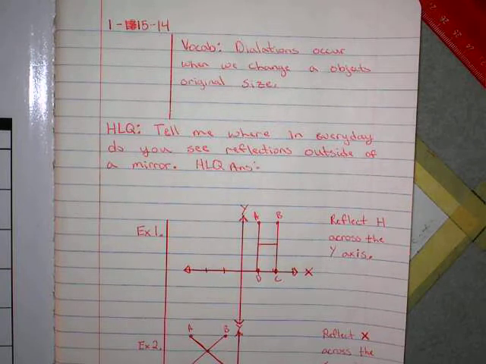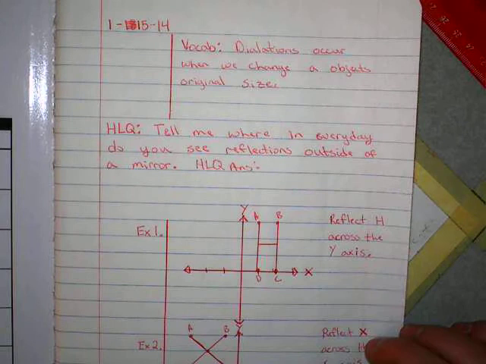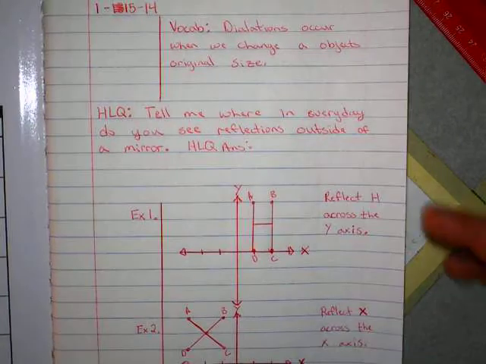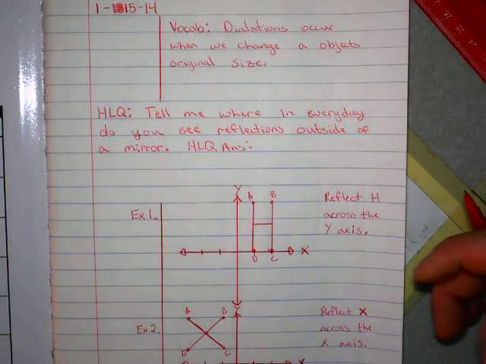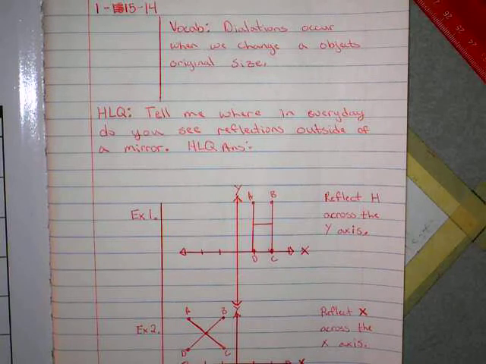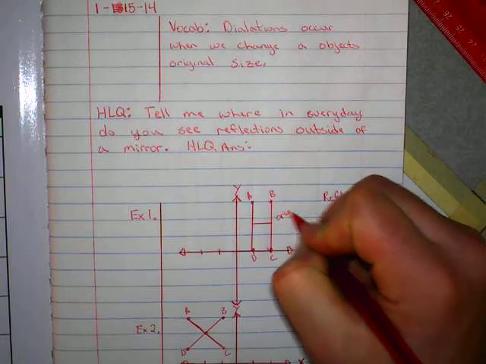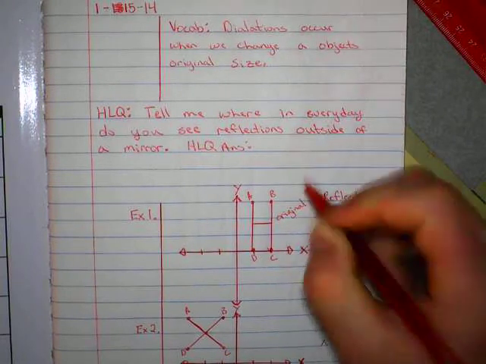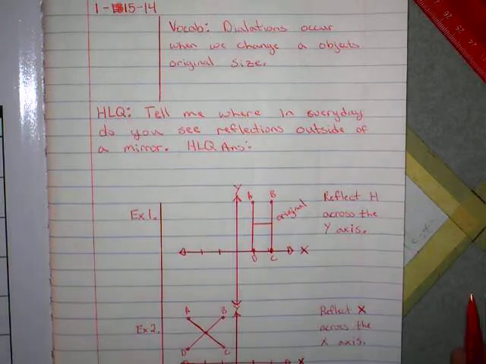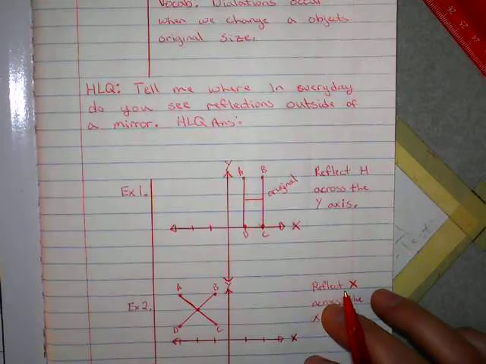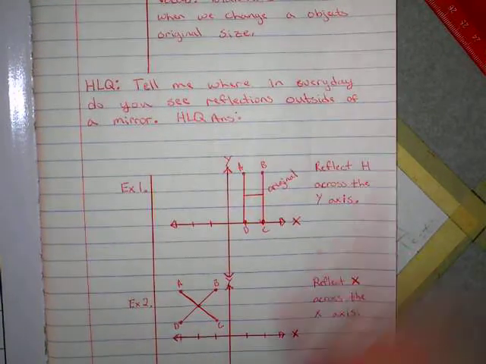Now, the example that we have set up on example 1 is to reflect across the y-axis. Now, when you reflect something, you create an image of it. So, we're going to go ahead and call this our original, because we are going to reflect across the y-axis. And that reflection across the y-axis creates our image.